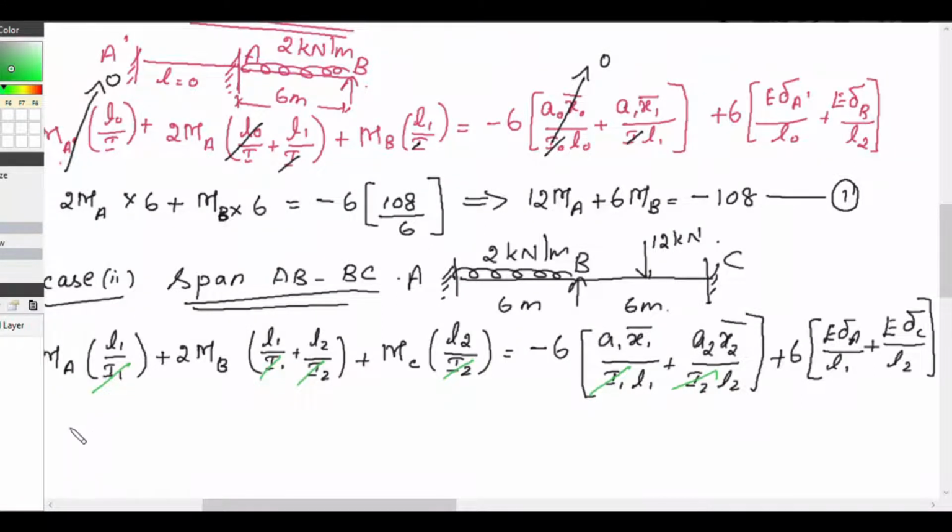So we have MA into L1 is 6, plus 2 times MB into (L1 is 6 plus L2 is 6), plus MC into L2 is 6, is equal to minus 6 into, here A1 x1 bar is for span AB, A2 x2 bar is for span BC.